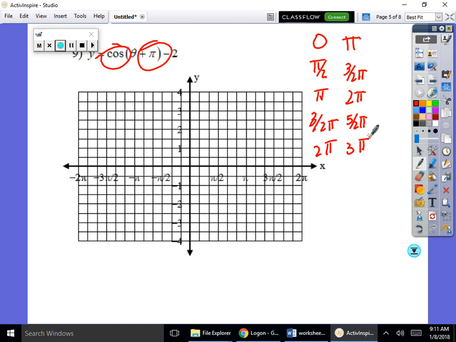The other way is I take my unit circle, and where is my starting location? It's at pi. So I'm going to start here. Cosine is x, so you are only going to tell me the x of the location.